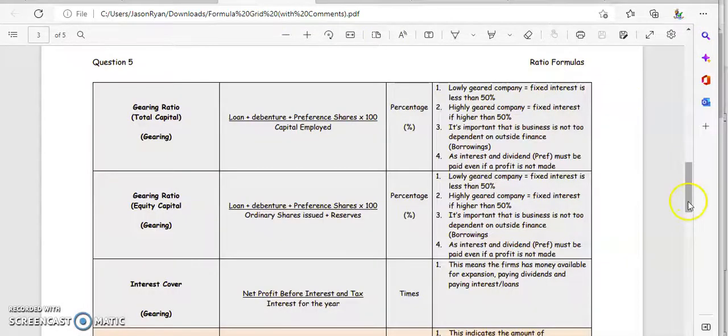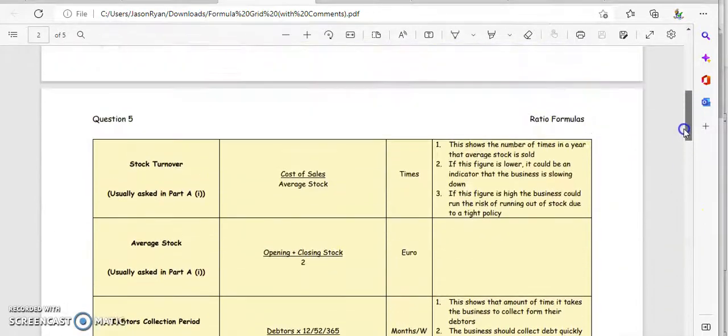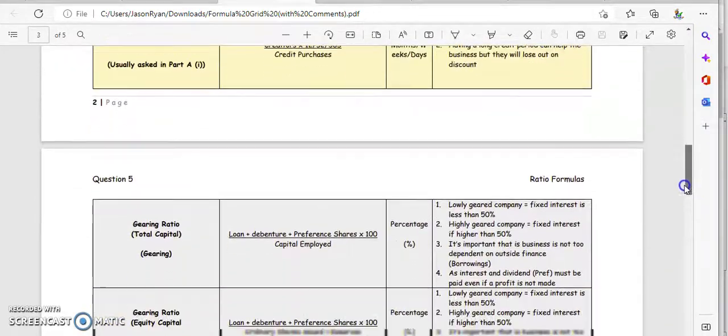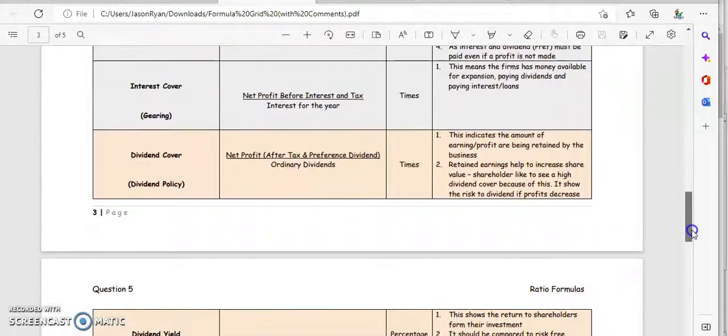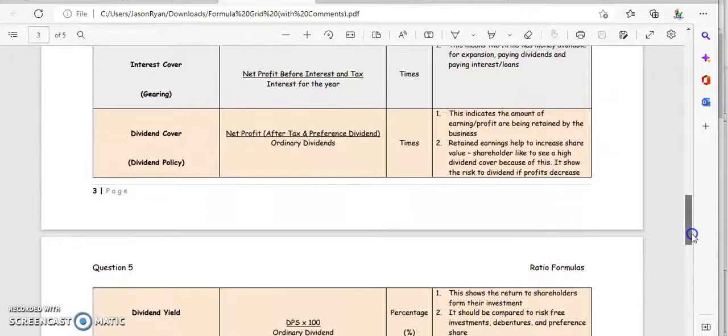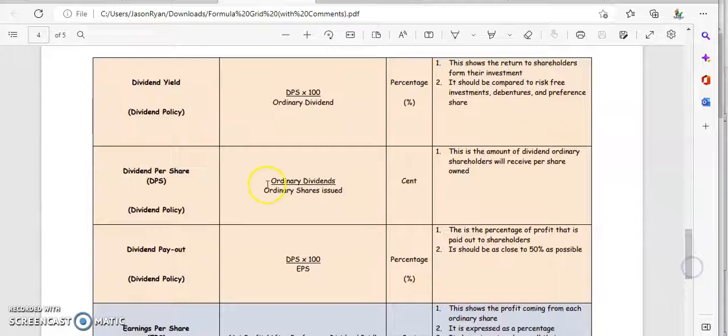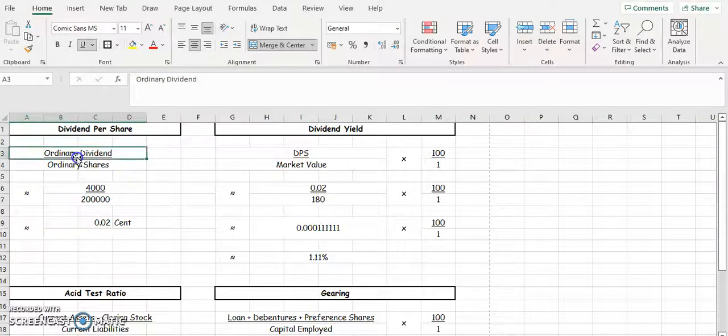So the ratio for your dividend per ordinary share is your ordinary dividends divided by your ordinary shares issued, and that's going to give you dividend per ordinary share. So 4,000 is your ordinary dividend.